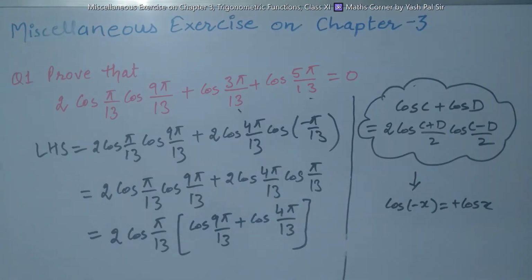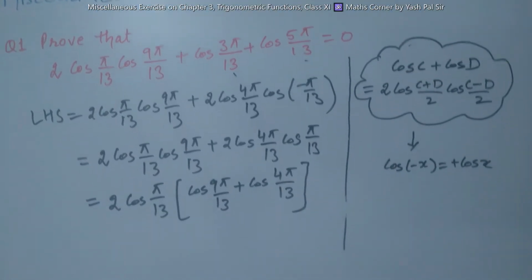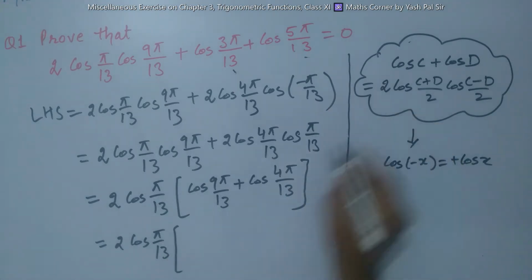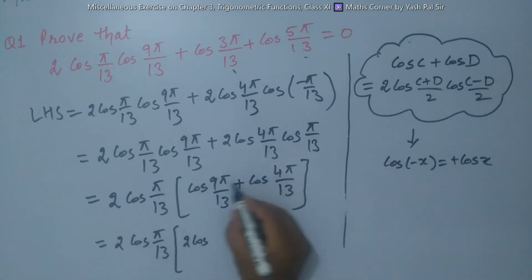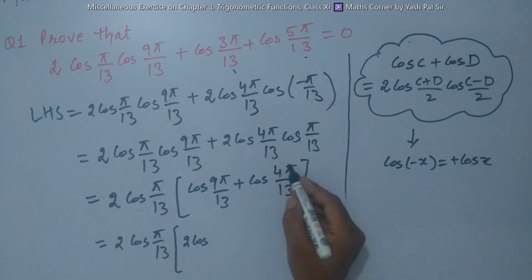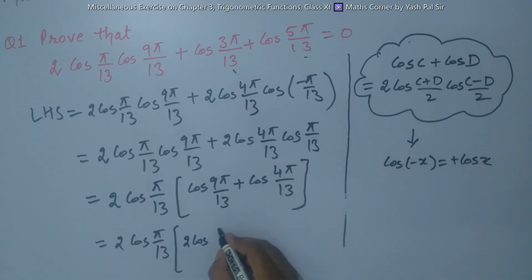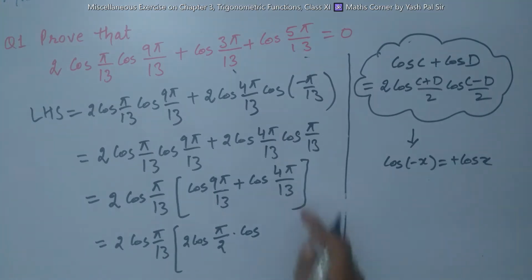So again we can apply the same formula cos C plus cos D here in this part of the question. So this becomes 2 cos pi upon 13 into 2 cos, C plus D, 9 plus 4, 13 pi upon 13 upon 2, so this becomes pi upon 2, into cos, C minus D, 9 minus 4, 5 upon 2, 5 pi upon 13 into 2, 26.